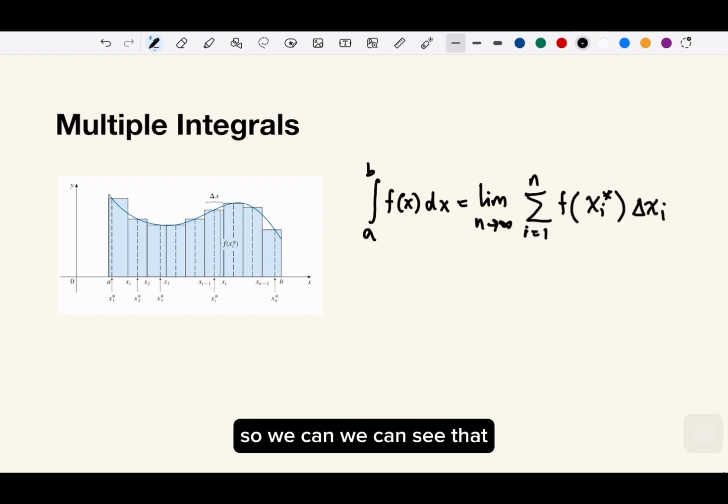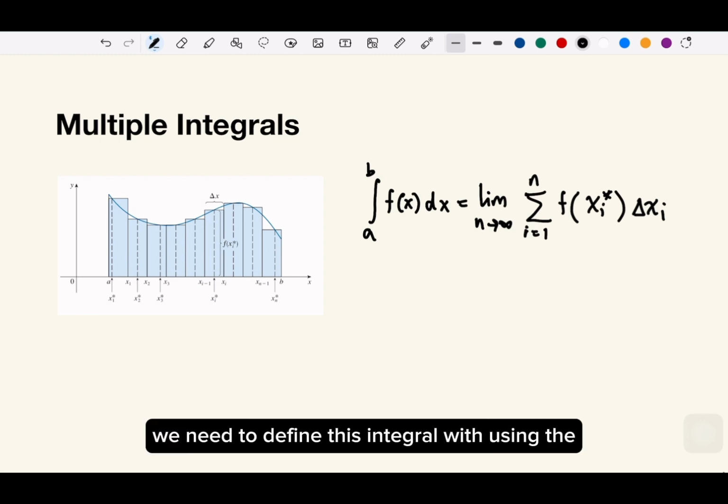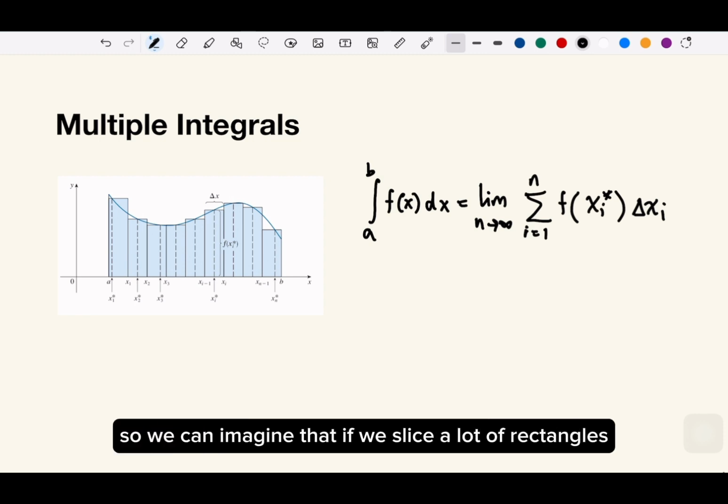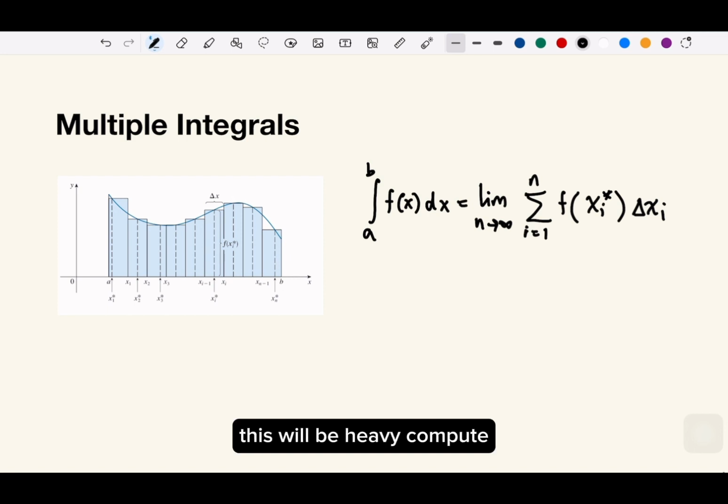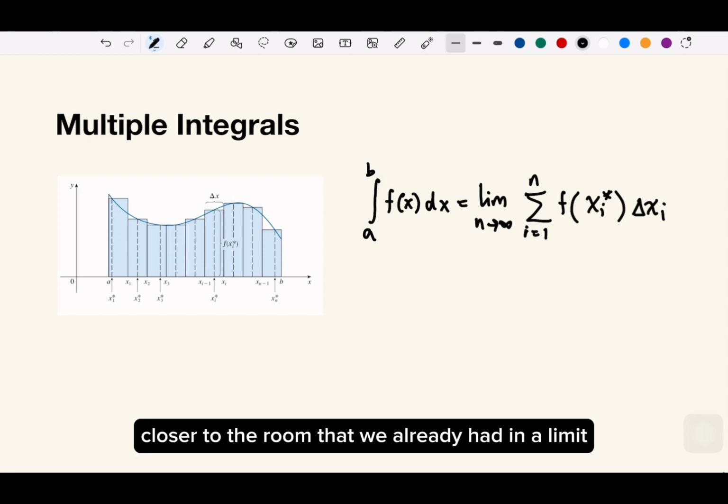So we need to define this integral using a limit. If we slice a lot of rectangles, this will be closer to the real value, or in the limit, this is the exact value of our integral.